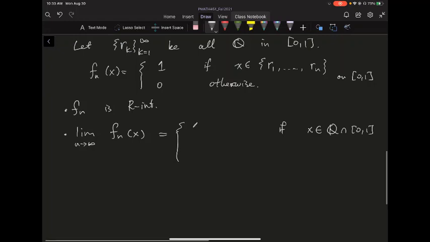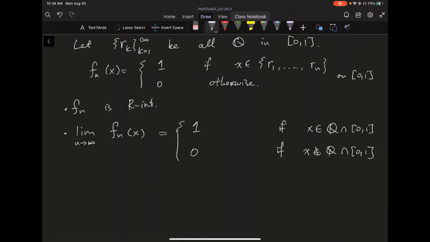So you can convince yourself this limit goes to 1. On the other hand, if x is not a rational point, then each of these f_n of x will always be 0, because x is never one of those r_1 to r_n. So the limit will also go to 0.